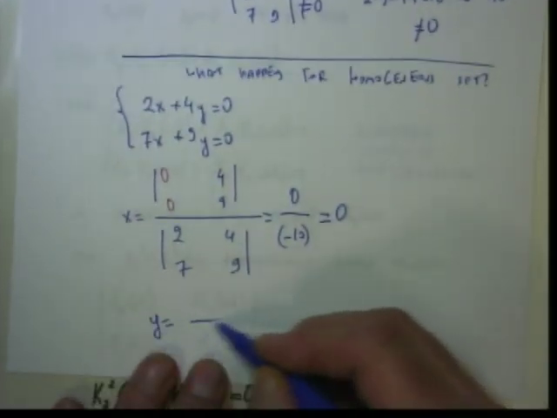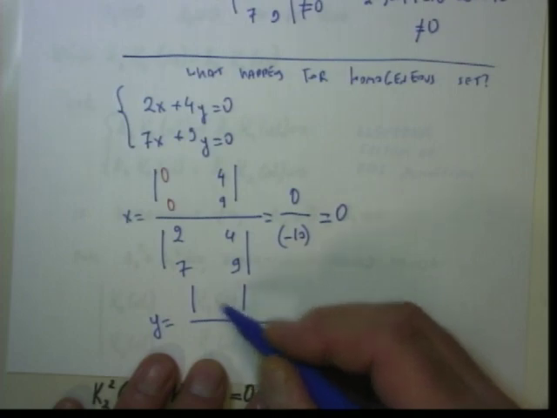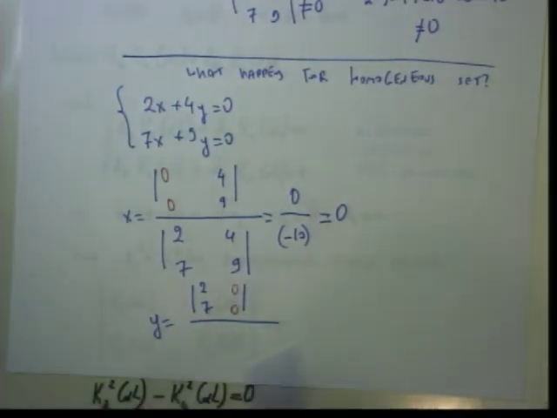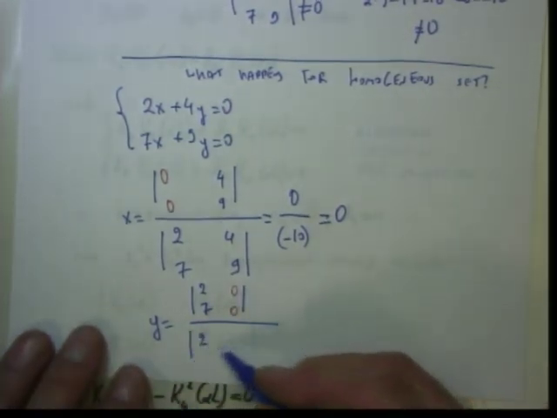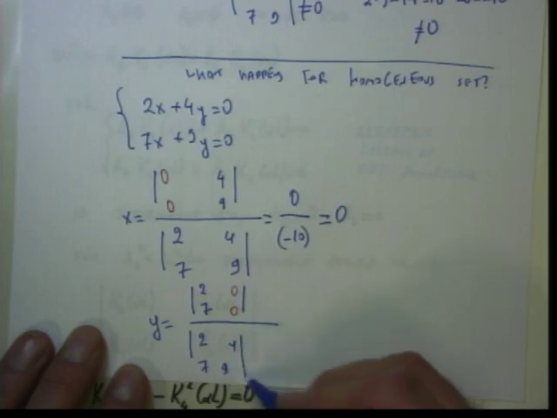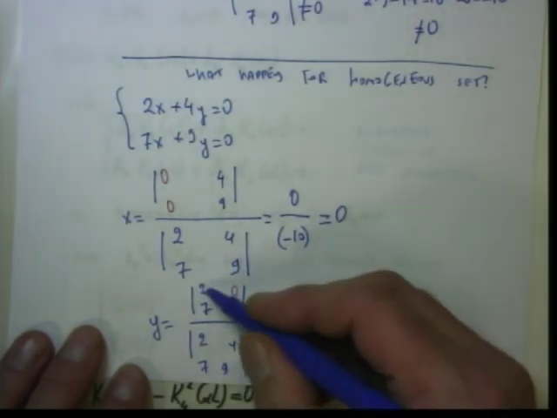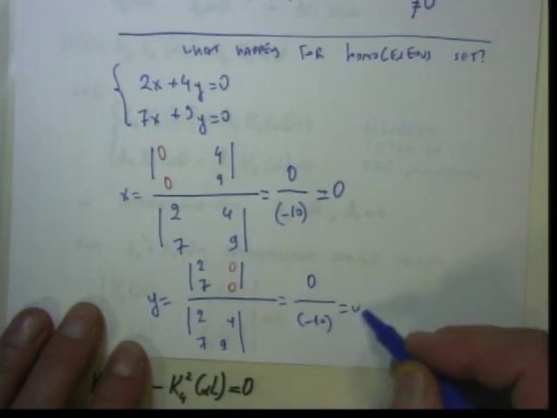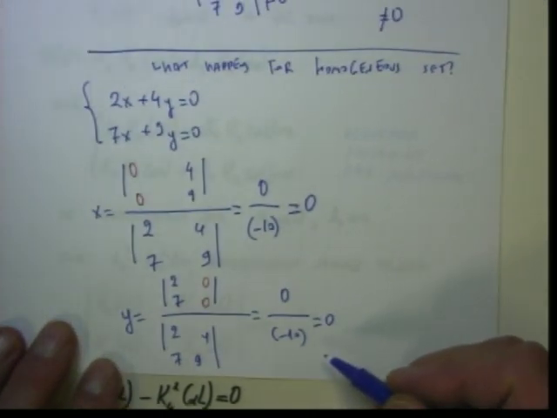Y equals 2, 7, 0, 0, and then 2, 4, 7, 9. So this equals 0, because 2 times 0 minus 0 divided by minus 10 equals 0. So what we have is as follows.